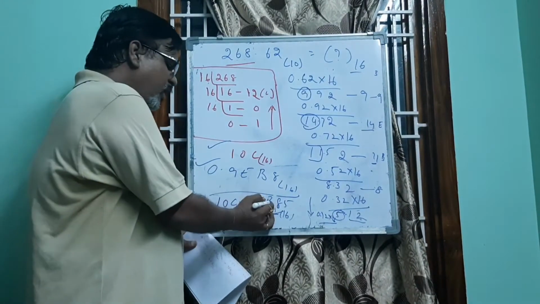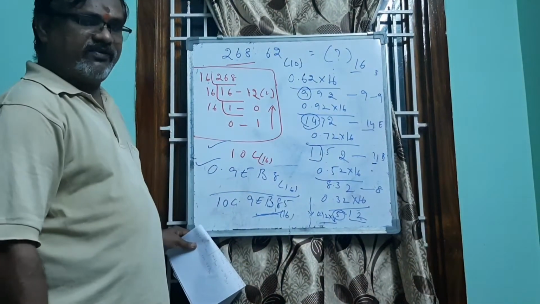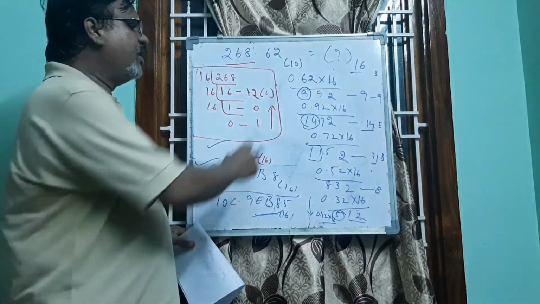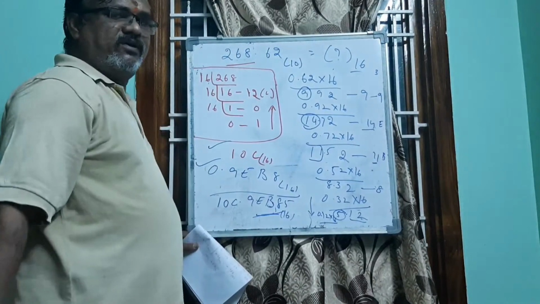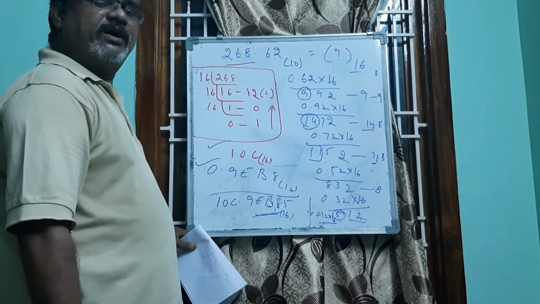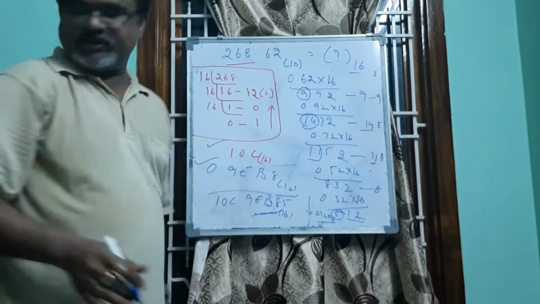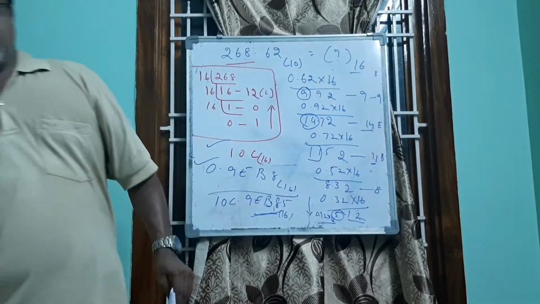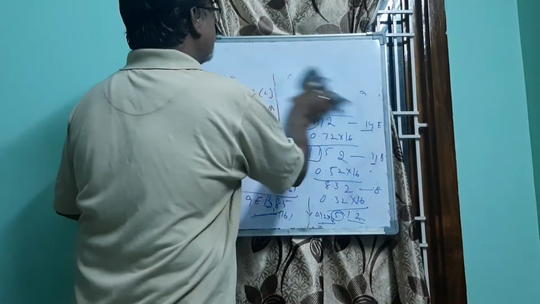So they give you the number of digits, and you have to stop at the fractional part. By keeping that in mind, you need to perform this calculation. So this is also one example for converting a decimal fractional part to hexadecimal. We take one more example for more understanding.